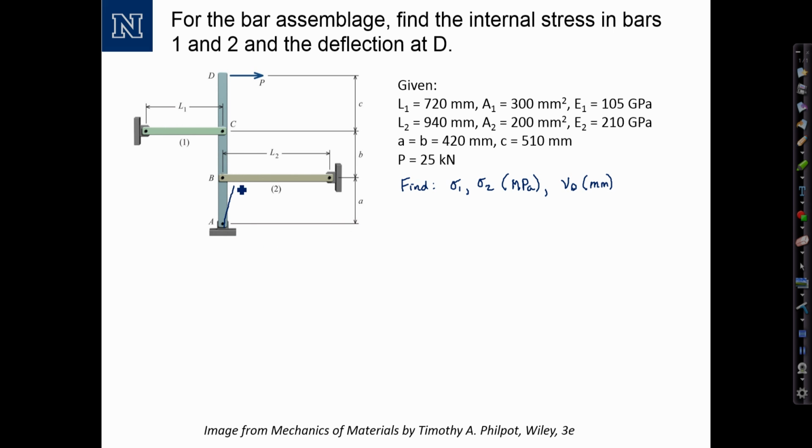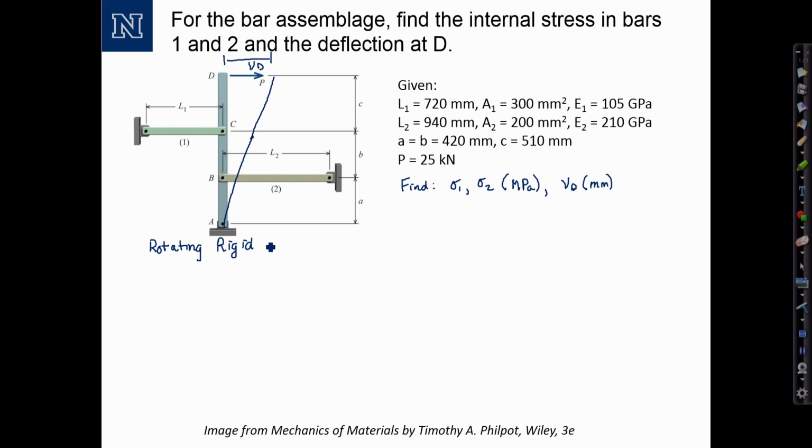And to give a sketch of what that means, as the force P pulls, the bar will rotate, and the total deflection at the top, V sub D, of course, is a greatly exaggerated picture. We recognize this as an example of axial members connected to a rotating rigid element.